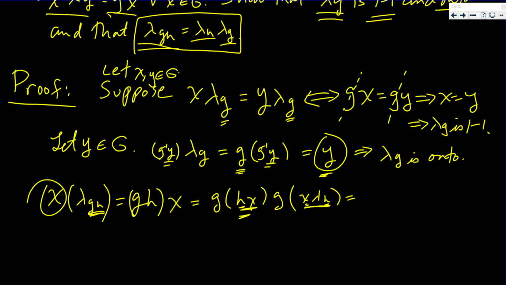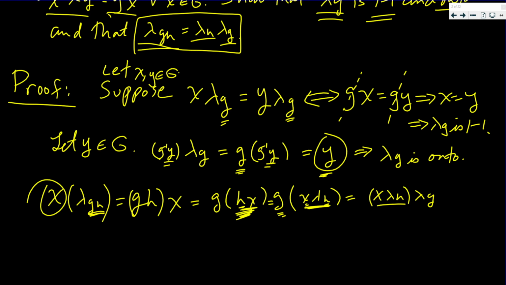Something's bothering me here. This should be an equal sign right there. Now, this is just some element in G. I can even tell you what element it is. It's hx, and it is being left multiplied by g. Well, I can write that this way.